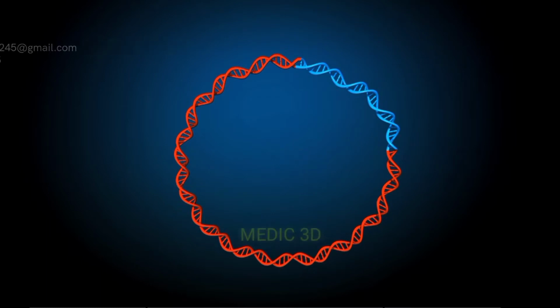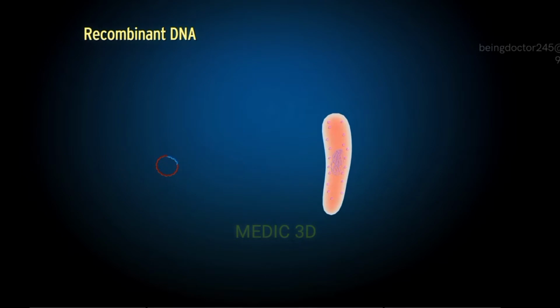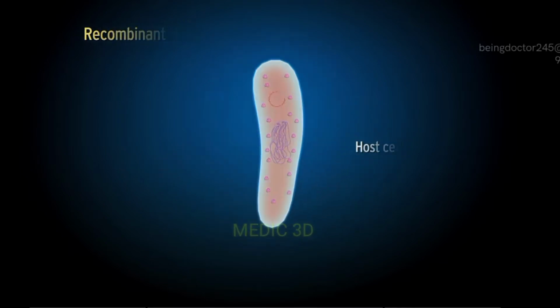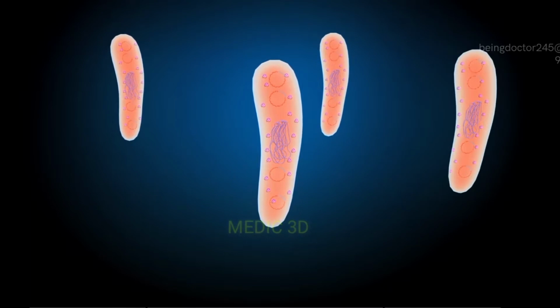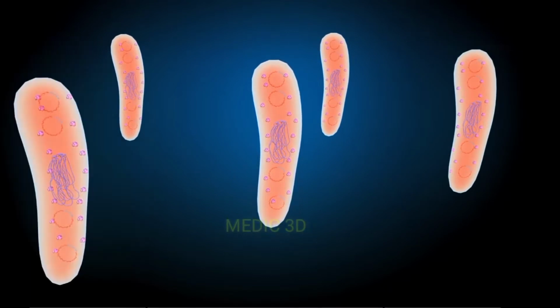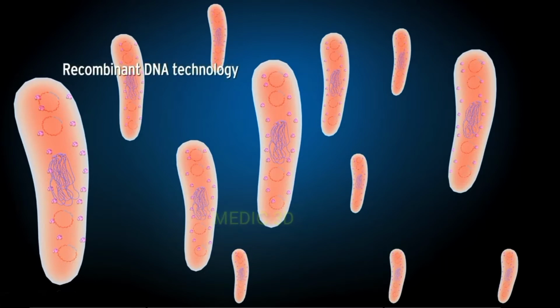We then introduce this recombinant DNA into the host cells, allowing it to multiply. This DNA can then be isolated, purified, and studied further for better understanding of its functions. This technology is called recombinant DNA technology.